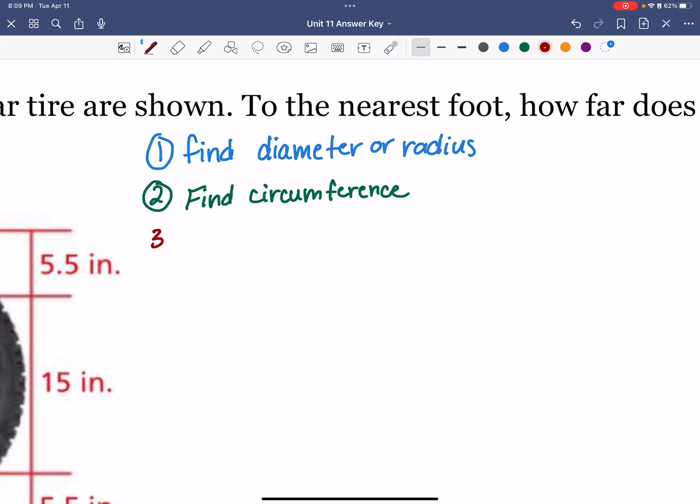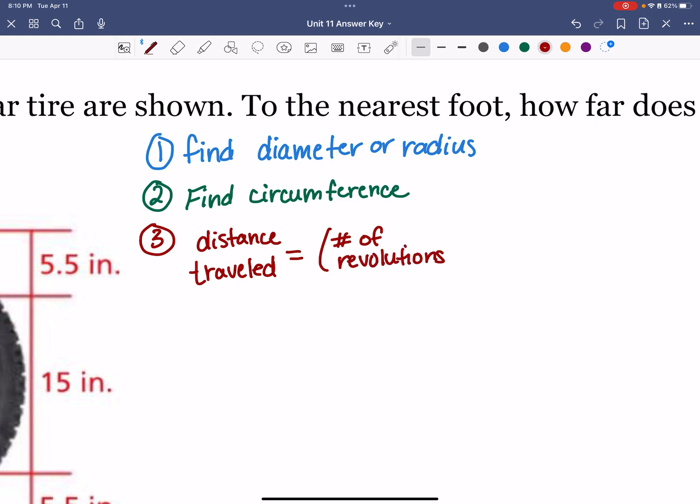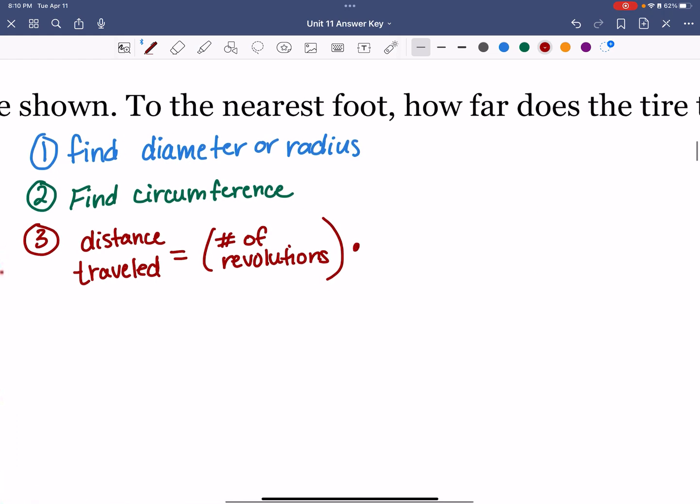And step number 3, we're going to use this formula: distance traveled equals the number of revolutions, so how many times does it rotate, times the circumference.